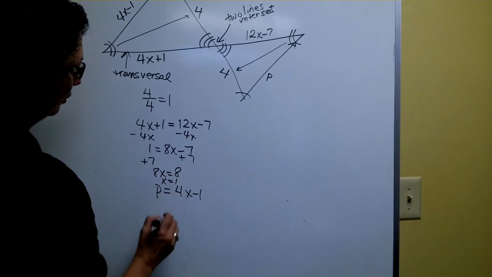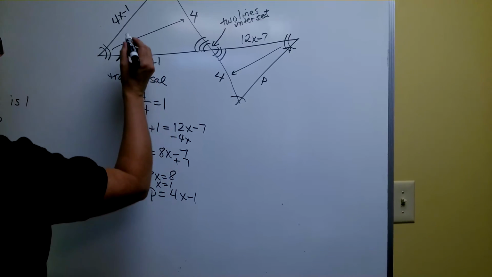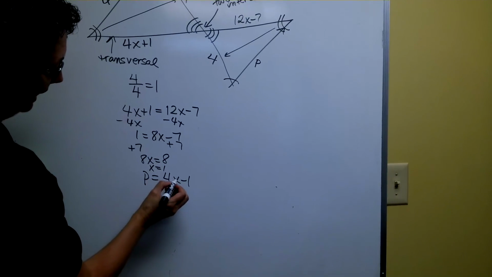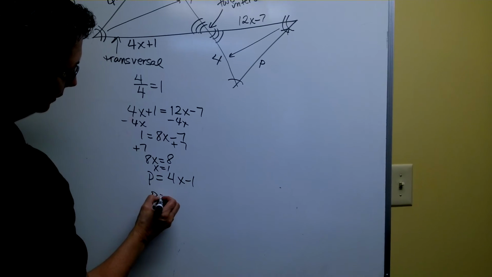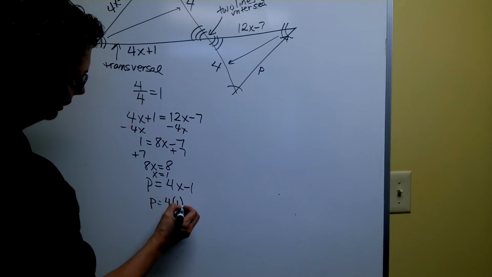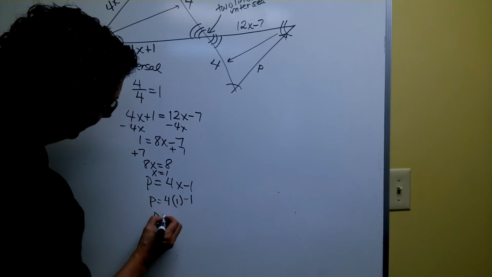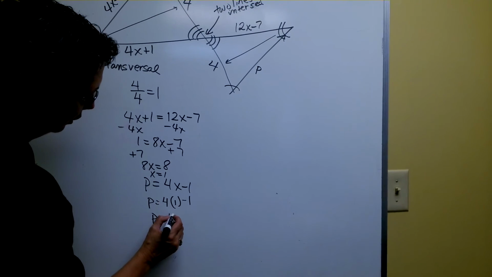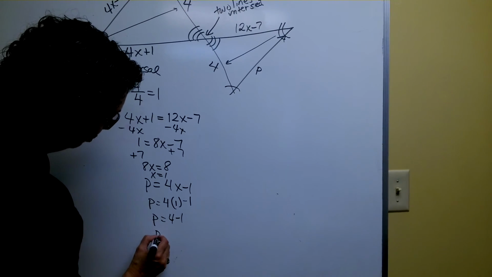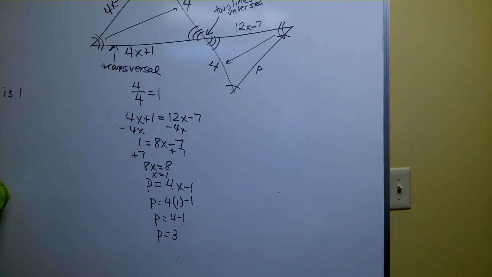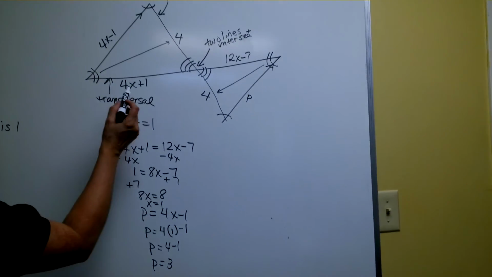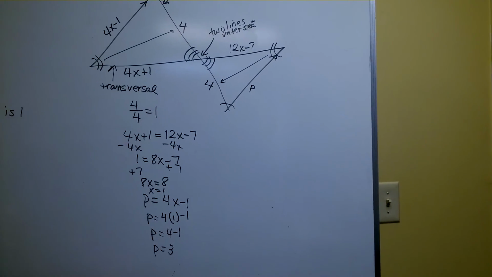So x is equal to 1. If x is equal to 1, then p is equal to 4 times 1 minus 1. P is equal to 4 minus 1. So p is equal to 3. So my x is 1 and my p is 3.